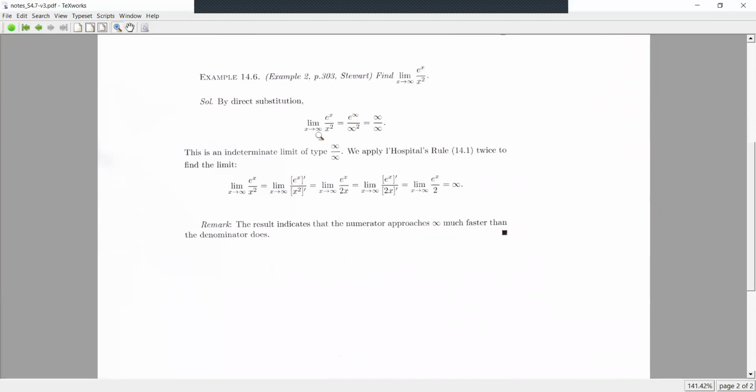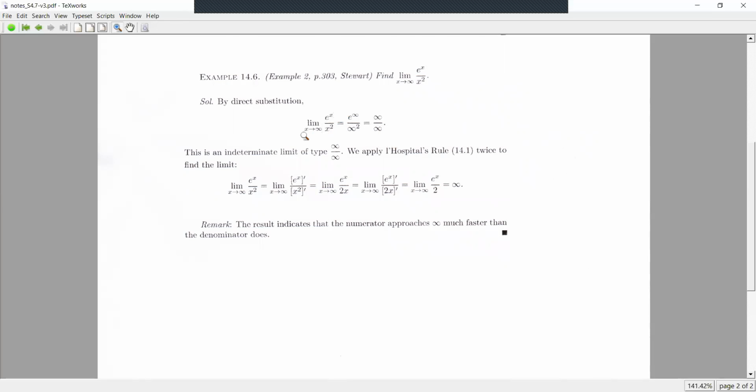Direct substitution, plug in infinity for x, then we get this. e to infinity is infinity. Infinity squared is infinity. So we cannot tell what this is. As x approaches infinity, e^x approaches infinity.